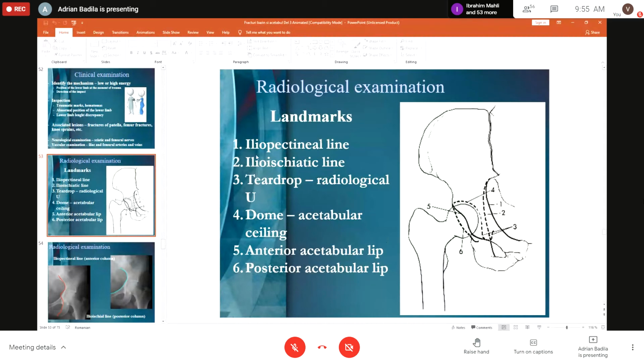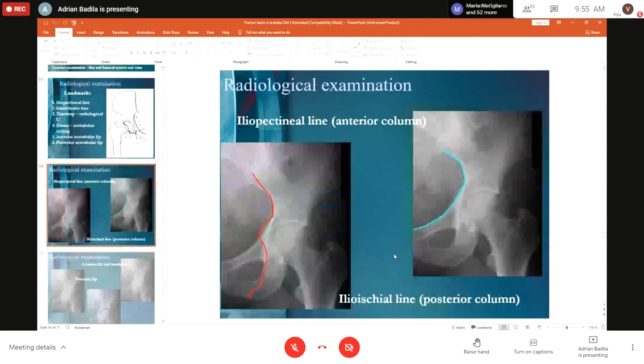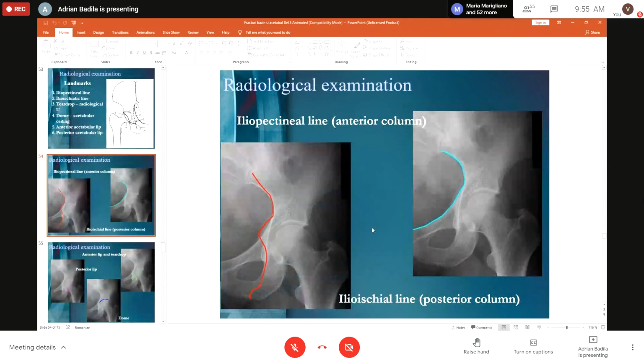We have the iliopectineal line, the ilioischiatic line, the teardrop, which is also called the radiological U, the dome, which is the acetabular ceiling or roof, the anterior acetabular lip, and the posterior acetabular lip. They are here represented in a schema, but we will see on the radiological images.